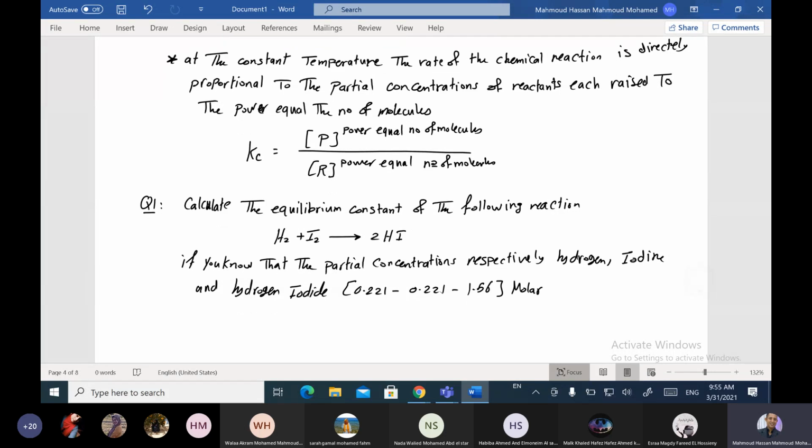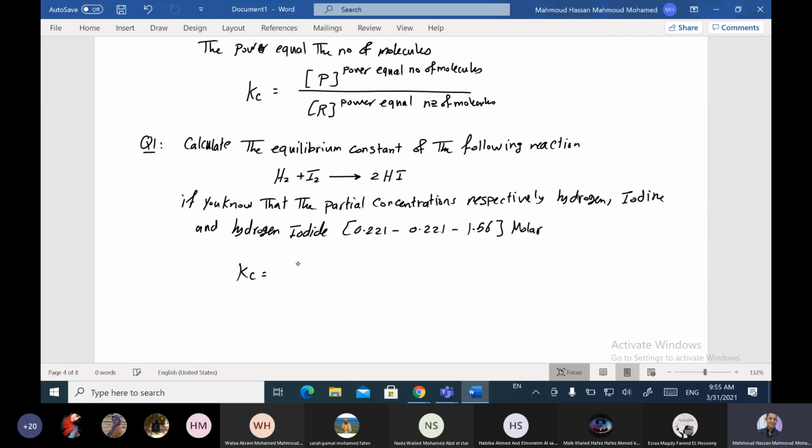So from the rule we can set that Kc equals the concentration of the product divided by the concentration of the reactant, raised to the number of molecules. So it will be the product HI concentration raised to the power equal to the number of molecules, divided by the concentration of hydrogen raised to the power 1 and the concentration of iodine raised to the power 1.